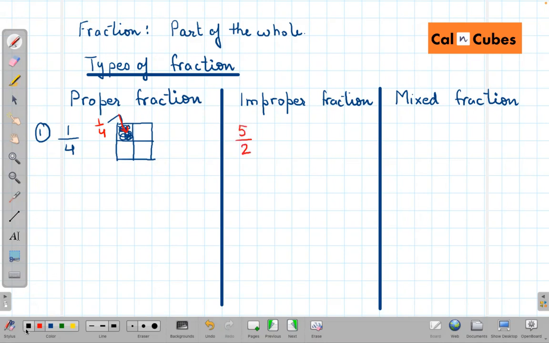Now, the second fraction I am writing is, say, 5/2. Ma'am, it's improper. So what does it mean? Like here it means one apple divided into 4 parts, or one square divided into 4 parts.